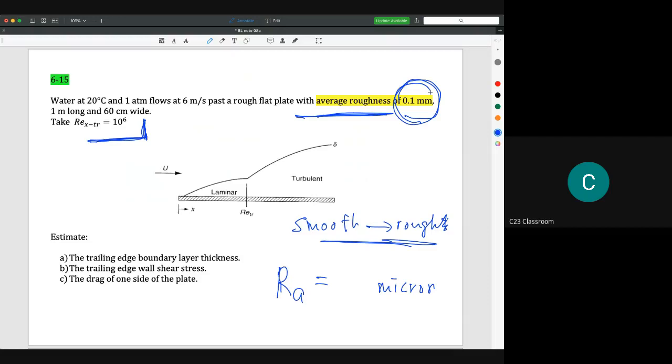So 1 mm is equal to 1,000 micron. So it's quite rough. And then we calculate the same thing, so we could compare with the previous tutorial. So we need to calculate the trailing edge boundary layer thickness, and then we could calculate the wall shear stress and also the drag force of one side of the plate.